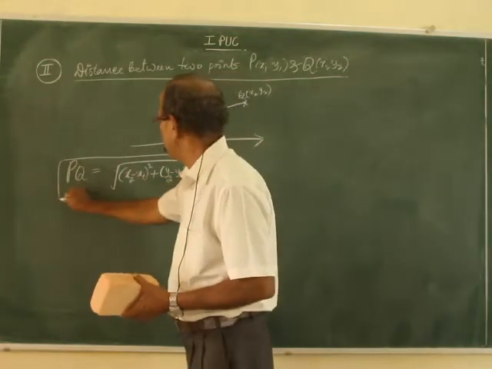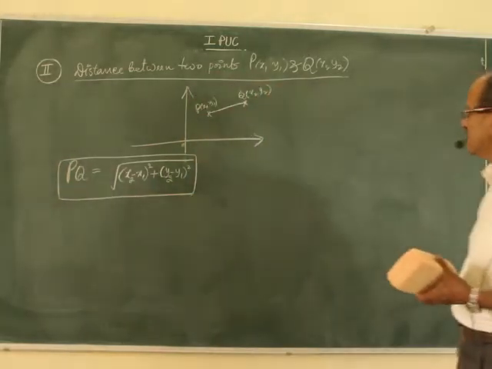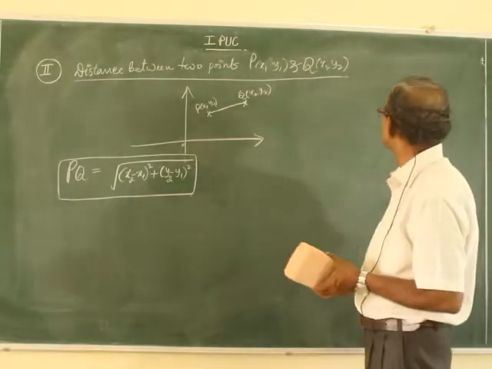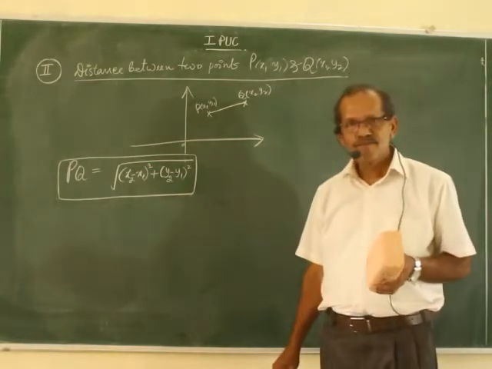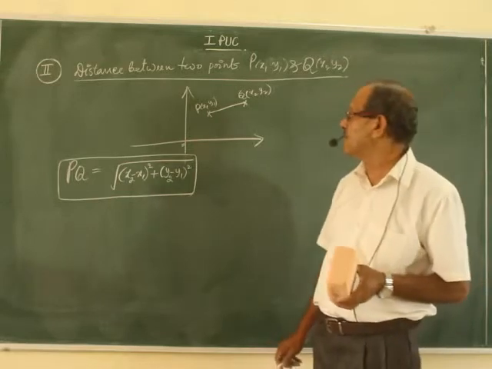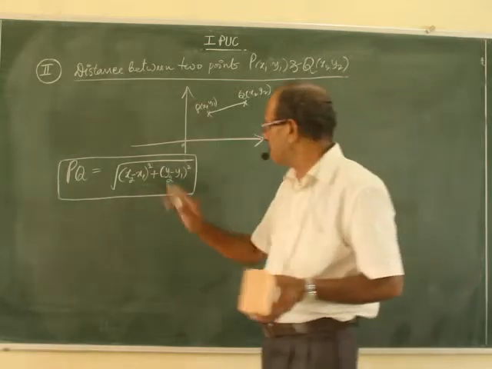Write the formula carefully. This is the formula to find the distance between 2 points. No more derivation is required. Just to make the idea clear, let me write that.